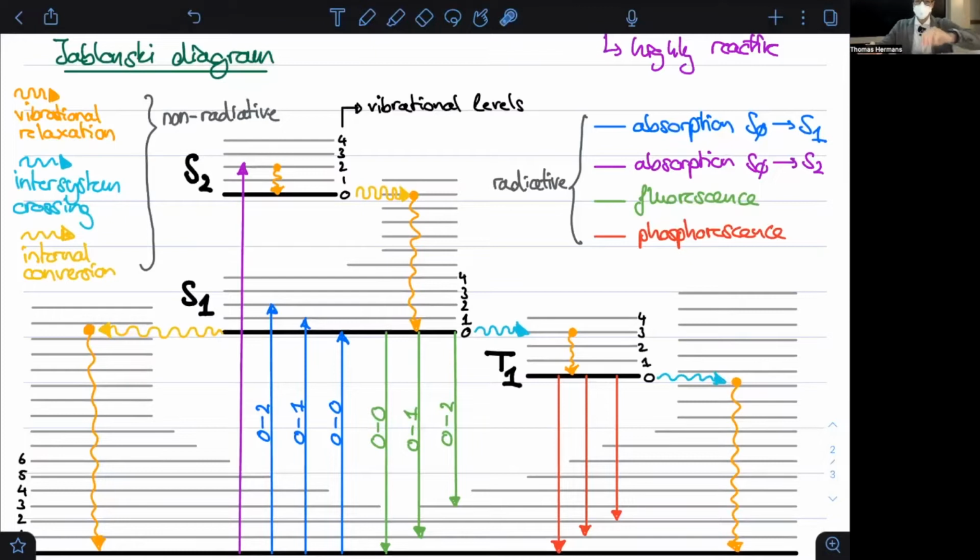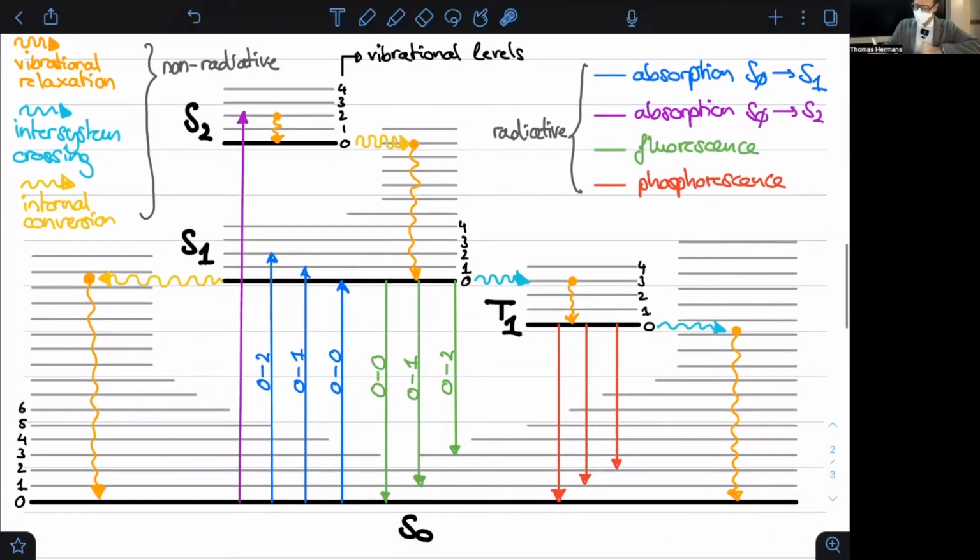Okay, the first thing is that this whole thing at the bottom is the ground state, S0, right? So use like a thick black line for the bottom thing. That's the ground state. That's an electronic state, right? Remember from last time, there are electronic states, there are vibrational levels, and there are rotational levels.